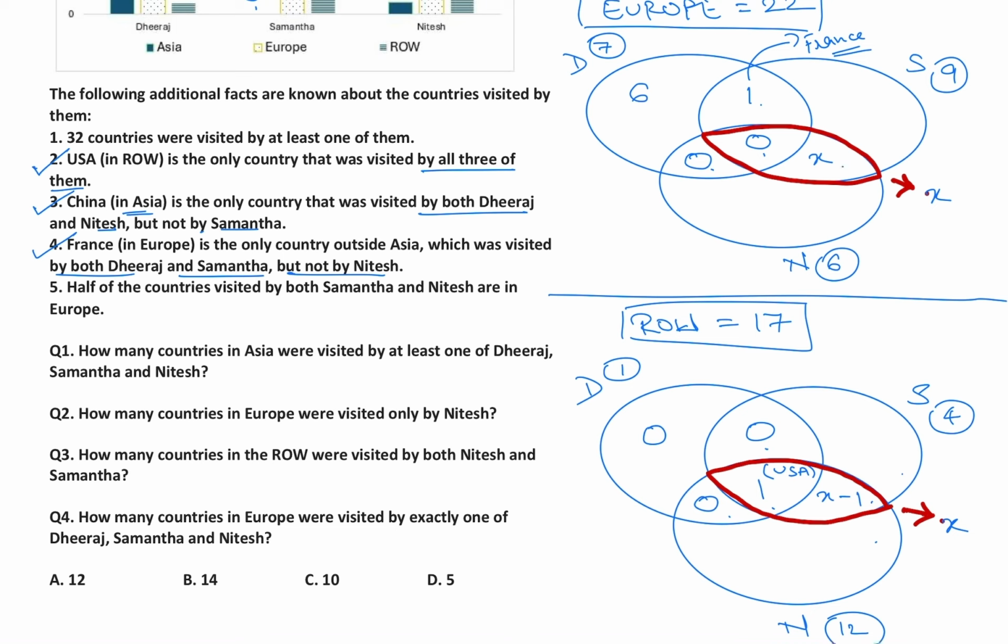Now if this is x, I know the sum of this particular set is 9. So I have 1 plus x, and let me write this as 8 minus x. So it will give me 9, right? 8 plus 1 plus x minus x will give me 9. And the sum of this set is 6, so I'll write this as 6 minus x. So 6 minus x plus x will give me 6.